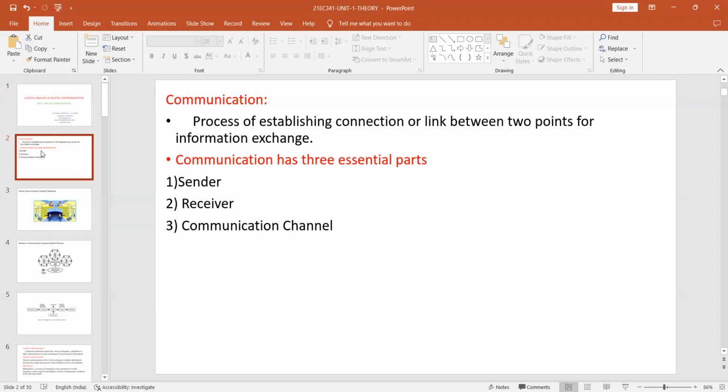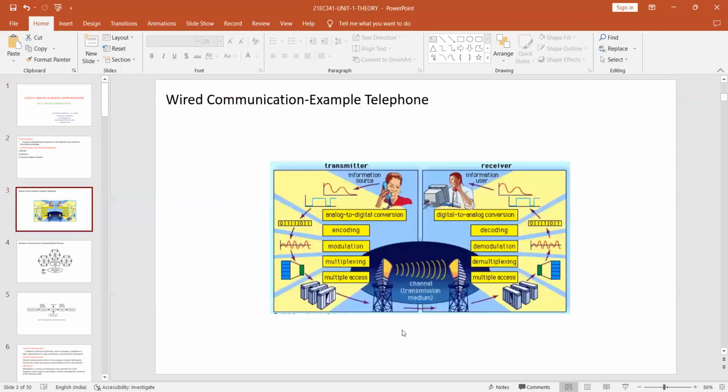In general, we can divide communication into 2 halves: wired communication and wireless communication. A very good example of wired communication is the telephone. Nowadays we still use the telephone, but basically for our broadband internet connection.